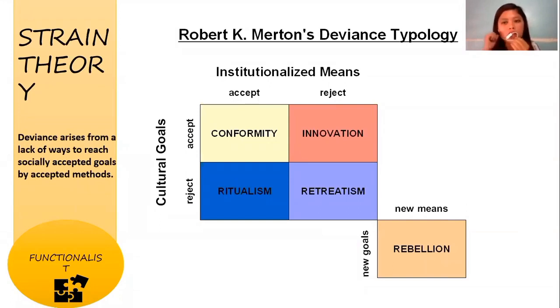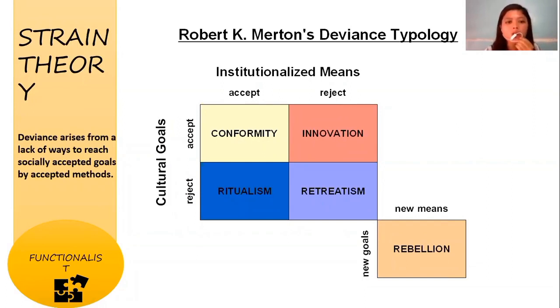So we have strain theory. This theory is proposed by Robert K. Merton. In this theory, Merton emphasized the importance of two elements in society: cultural goals and institutionalized means.